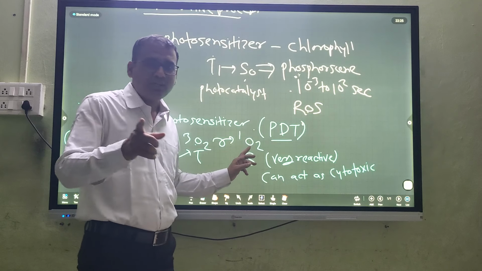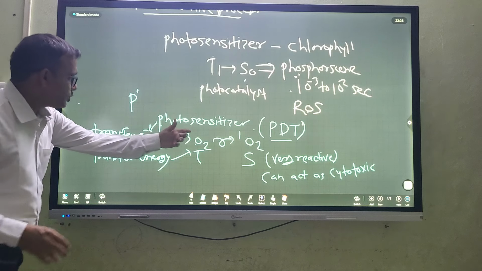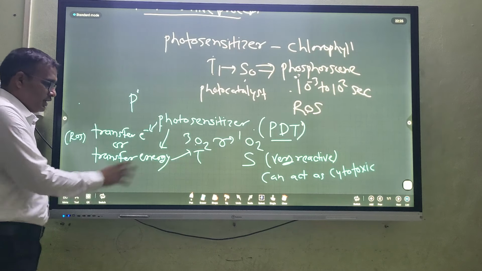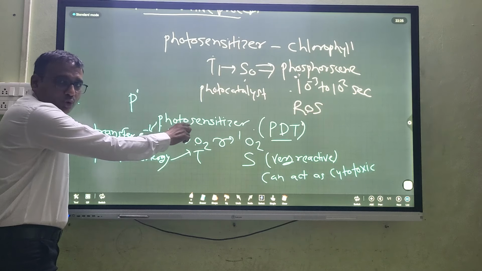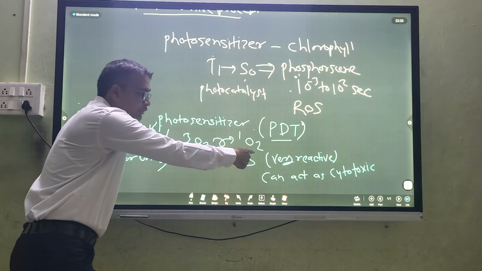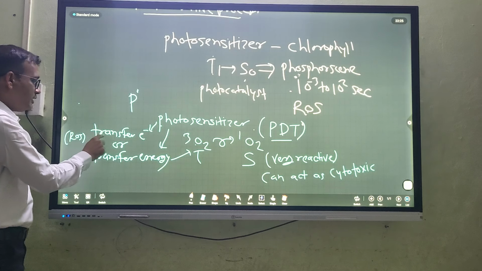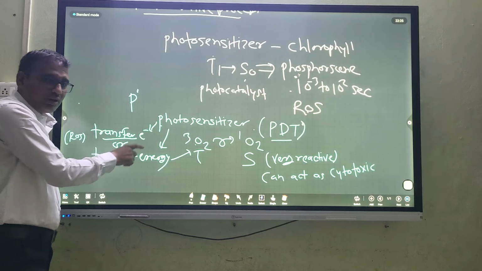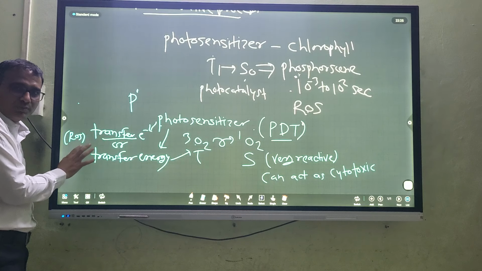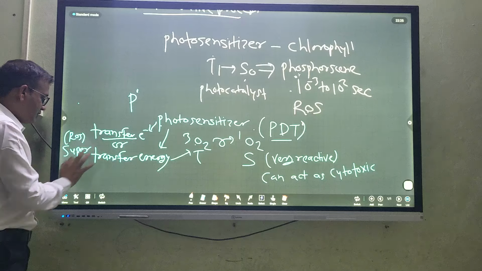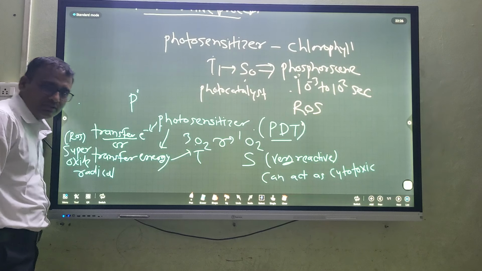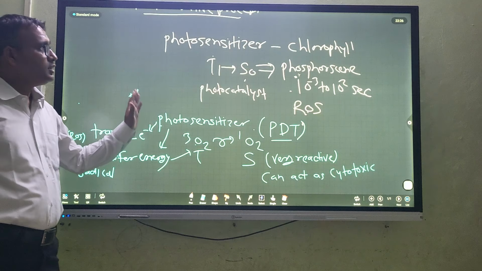Photosensitizers also transfer electrons or energy: they transfer energy so that oxygen molecules are converted into very reactive oxygen molecules, and the transfer of electrons helps the generation of reactive oxygen species like superoxide radicals. In this way we can cover the photochemistry chapter.